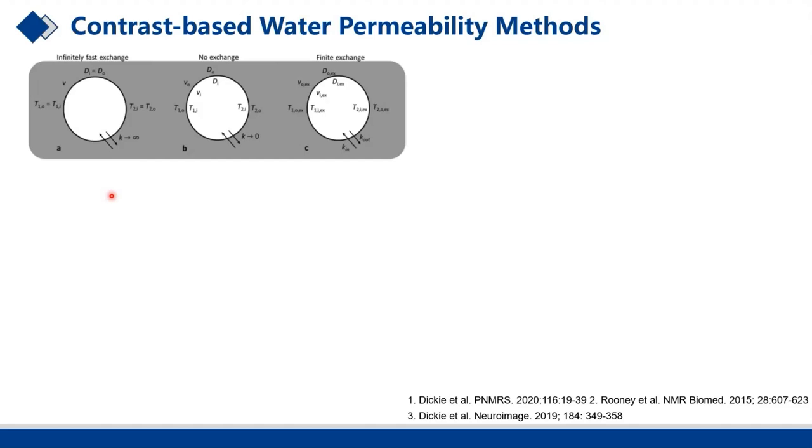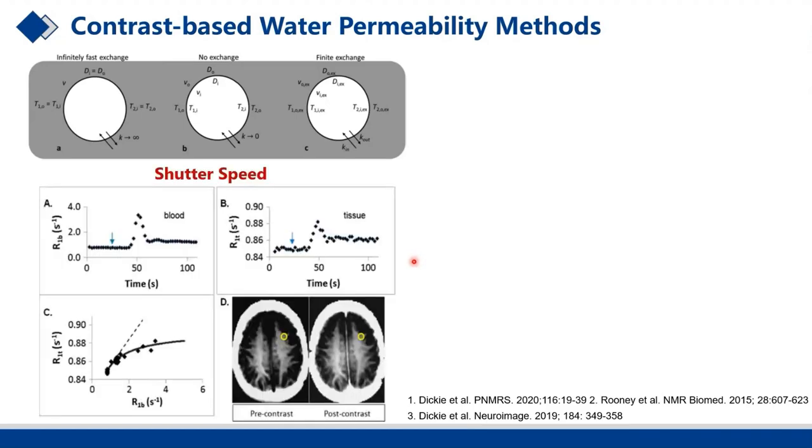So people say that this water exchange will push the system from the fast exchange regime to a finite or slow exchange regime, and they give it very fancy names. But overall, we can use some models to fit this kinetic process.